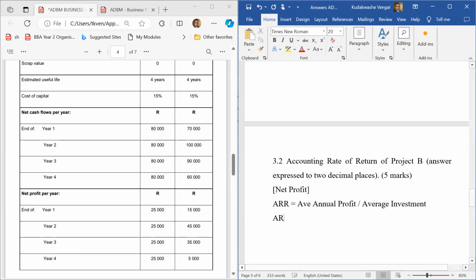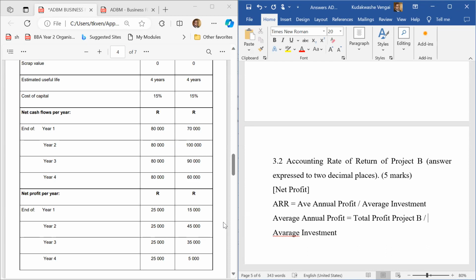Right. So for us to calculate accounting rate of return, we're going to first need the average annual profit, right? And then we need to know what is the average investment, because that's what the formula is saying. So average annual profit is going to be the total profit for project B divided by the number of years.